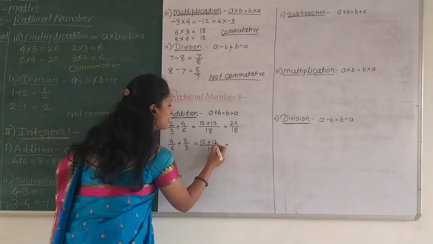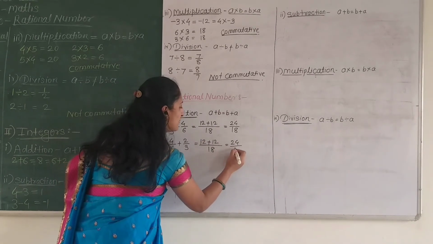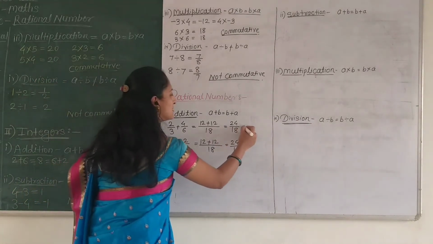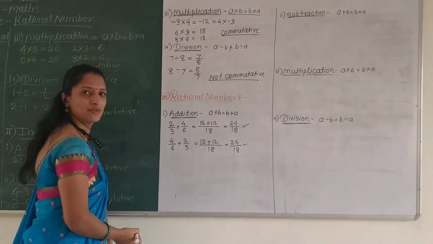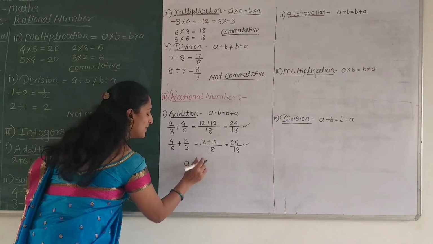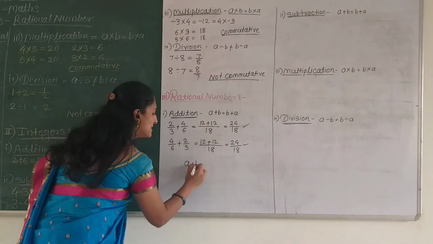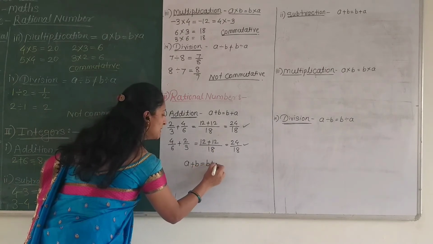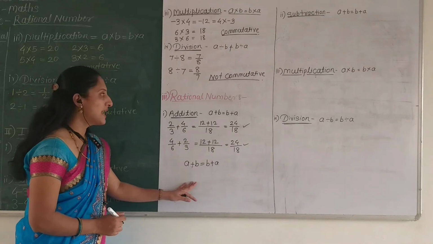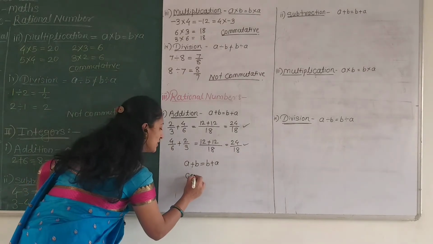That means 12 plus 12 is equal to 24 upon 18. Okay. So both answers are same. That means in this case we get A plus B equals B plus A. Which says that rational numbers are commutative.